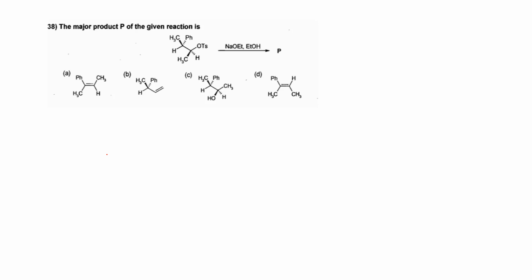So there is one example of elimination. Just try to solve this one. We will solve more questions on this elimination topic for formation of a double bond. Before that, this is a simple question. So here they have added a base, NaOEt.